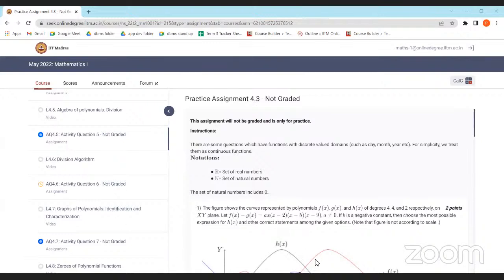Excuse me, sir. As lots of students are saying, the portal is showing activity 2.4. In my portal, it is showing the same as yours. You have no practice assignments? Yes, I have, like you are saying, it's between the division algorithm and the activity.